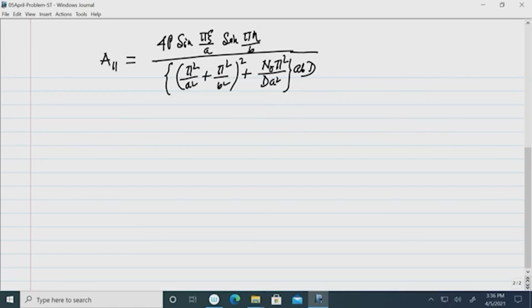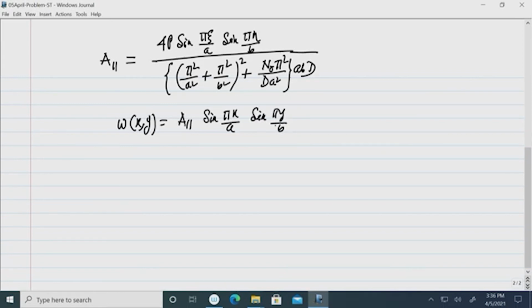So, once you find the coefficient of deflection, that only one term is needed. So, there is no difficulty to find the deflection for the center deflection. Now, the deflection term is written here, w(x, y) is a function of this A11 into sin pi x by a sin pi y by b. Okay.